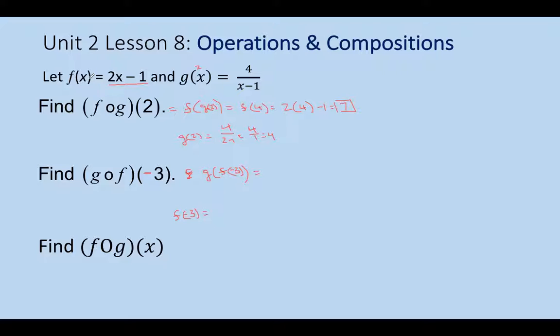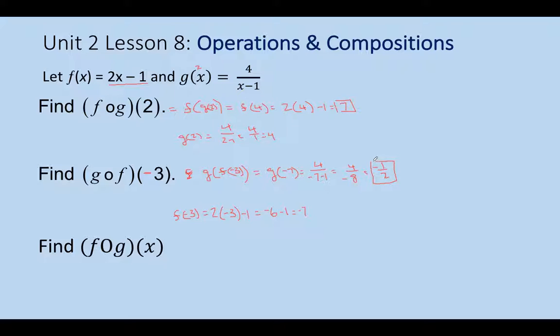I'm plugging in negative 3 wherever I see the x here. I got 2 times negative 3 minus 1. That would be negative 6 minus 1, or negative 7. So f of negative 3 is negative 7. That means I now have g of negative 7. I'm going to plug in negative 7 right down here. So 4 over negative 7 minus 1 means you've got 4 over negative 8, which would be negative 1/2.